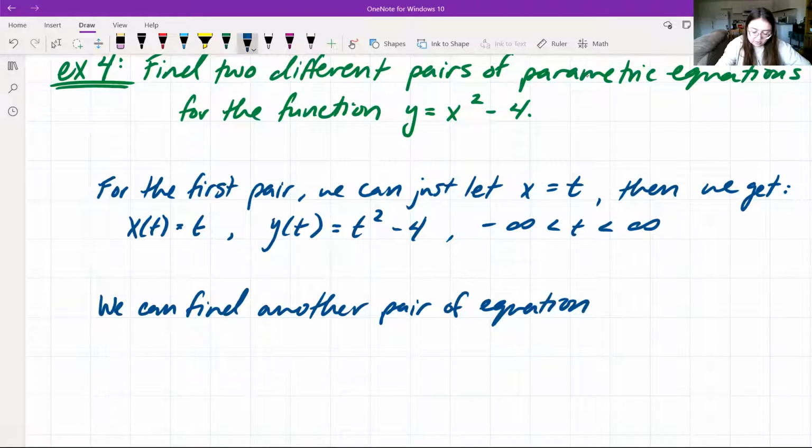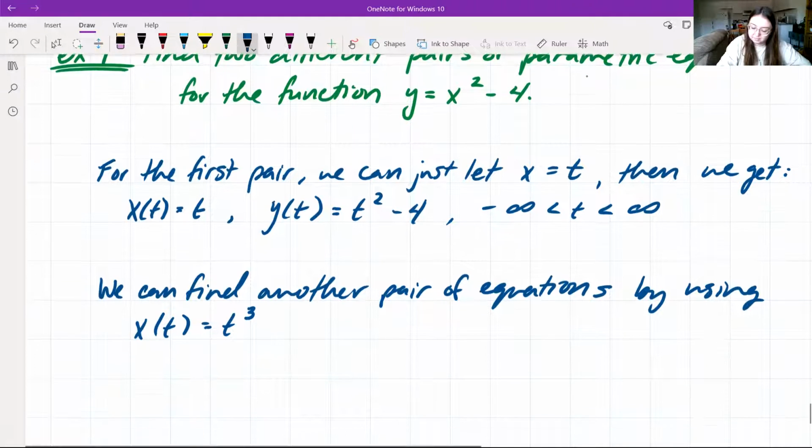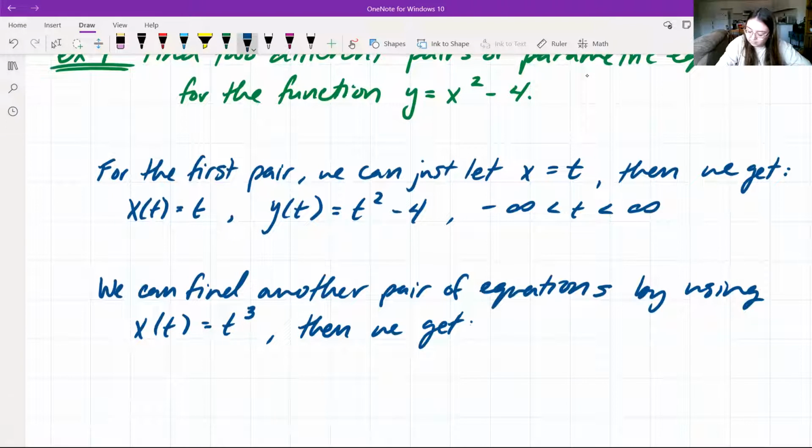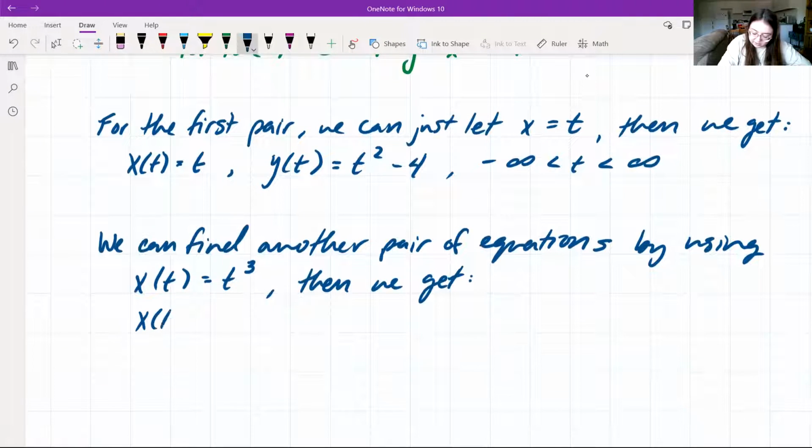And for our question, we're going to use x of t is going to be equal to t cubed. So if we use x of t is equal to t cubed, then y of t is now going to be equal to t to the power of 3.